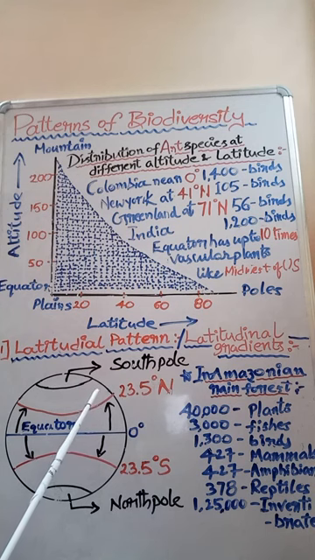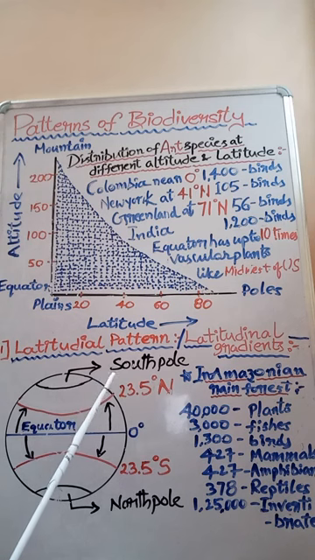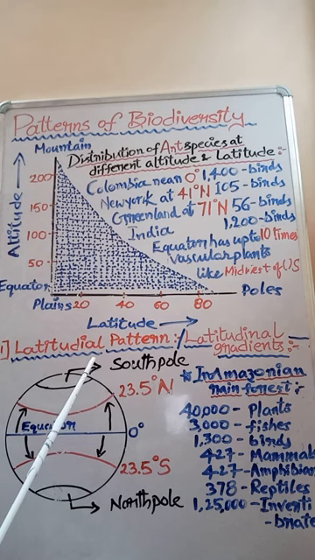At the same time, there have been no frequent glaciations as in temperate regions, hence a long evolution time for species diversification. What does it mean? Since there are no frequent glaciations in tropical regions, whereas at temperate regions glaciations take place due to temperature changes.